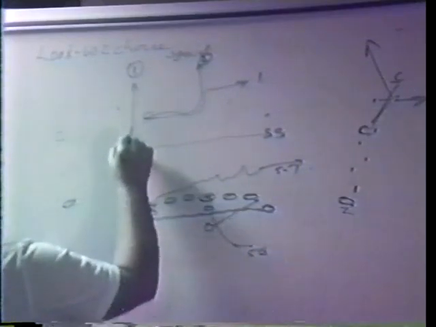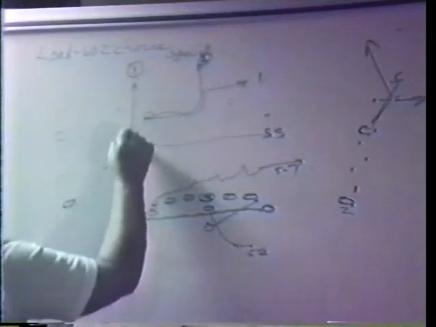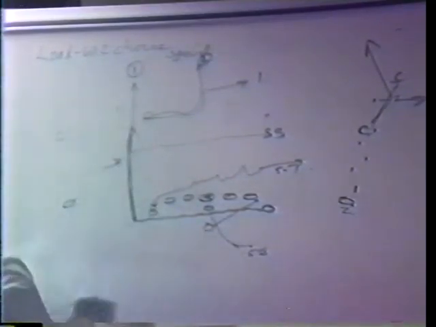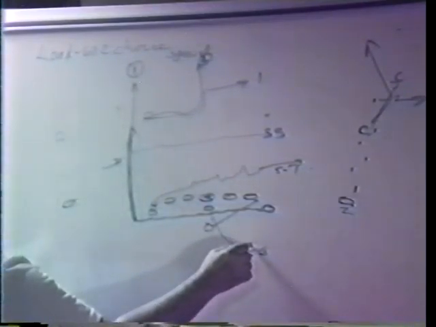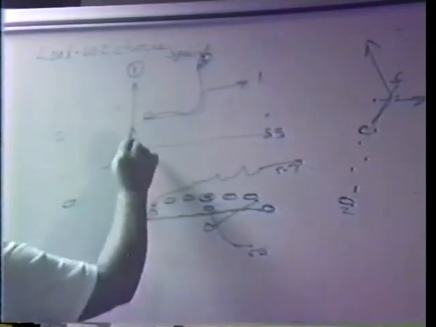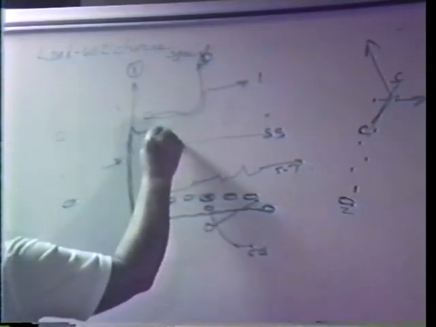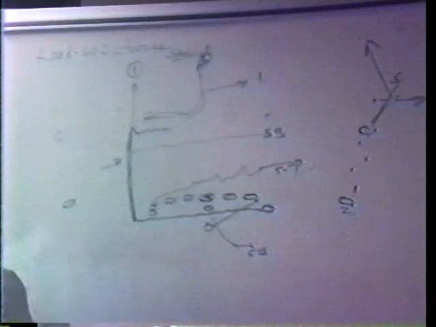You drive through the under coverage, of which the strong safety is part of, or the backers are part of. Throw up your hands, sit it out. If you look back to the quarterback and you're open, you have a passing lane to the quarterback, stay right there. If he is not in your vision, slide to the inside till you get a passing lane open to the quarterback. Okay?